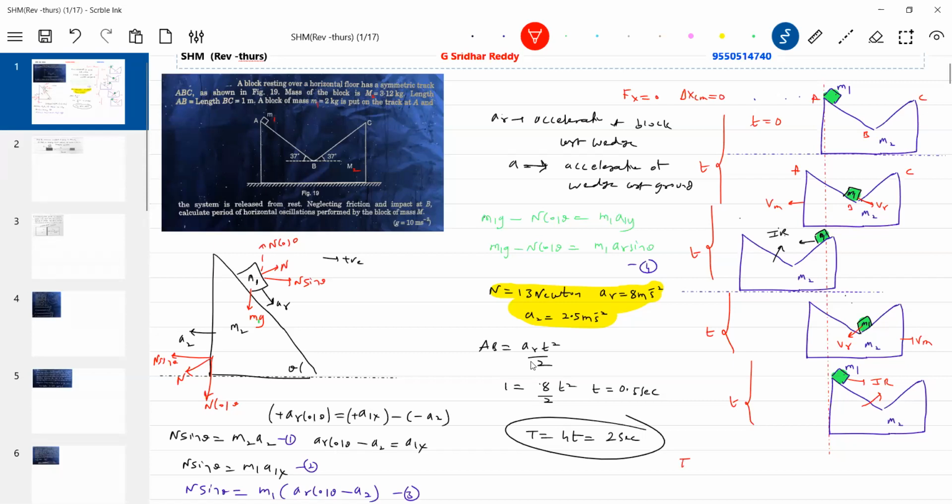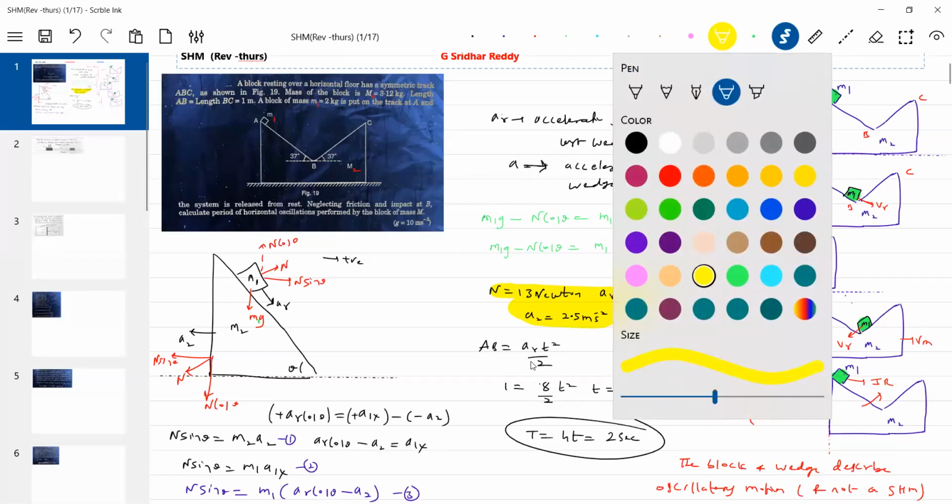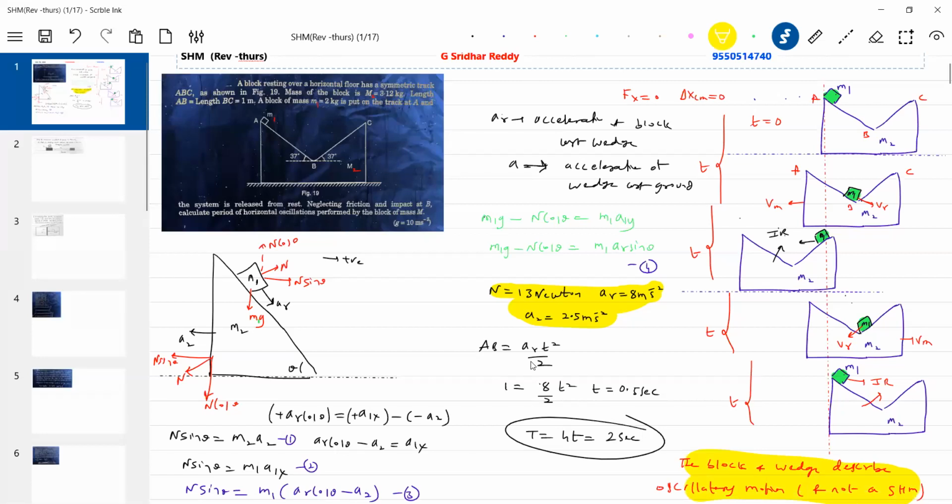The block shows oscillatory motion and not SHM. Not a SHM. This is very important. Okay, now I'll go to the next part. Next question.